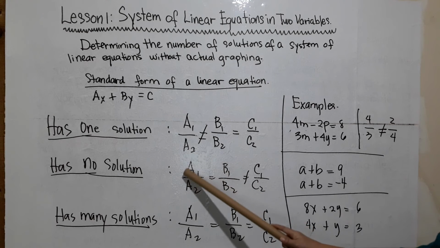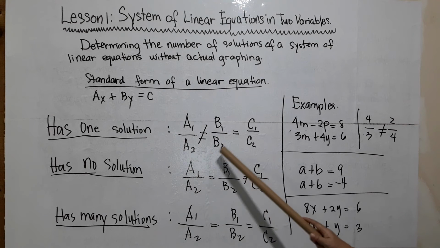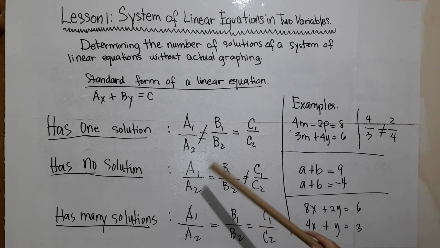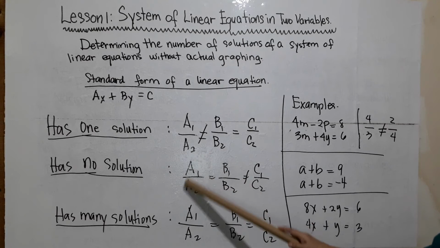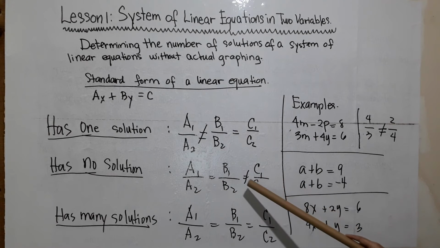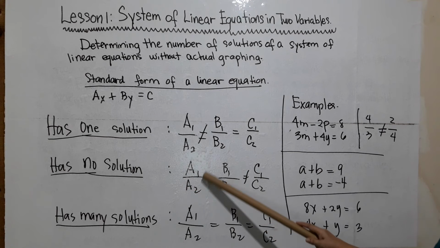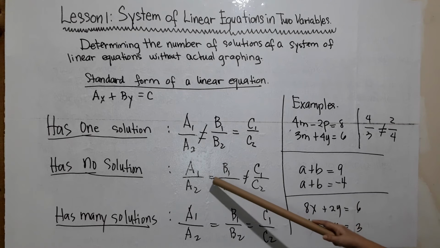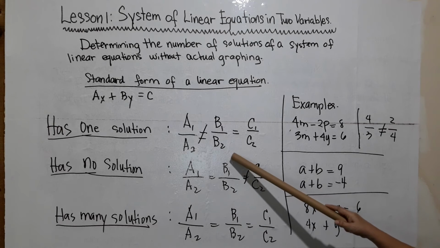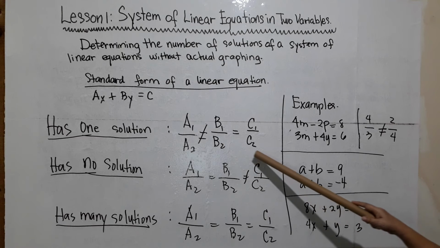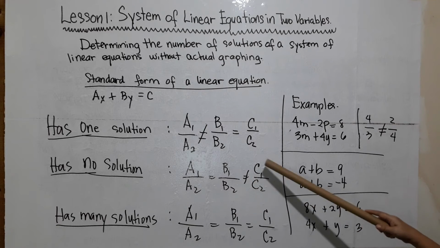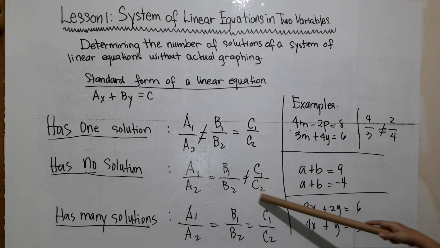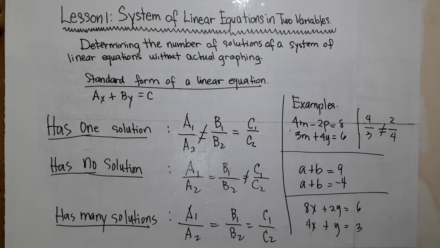Since the ratio of the first terms and the ratio of the second terms are equal, and the ratio of the second term and the third term are not equal, therefore the ratio of the first term and the third term, or the constant, are also not equal.